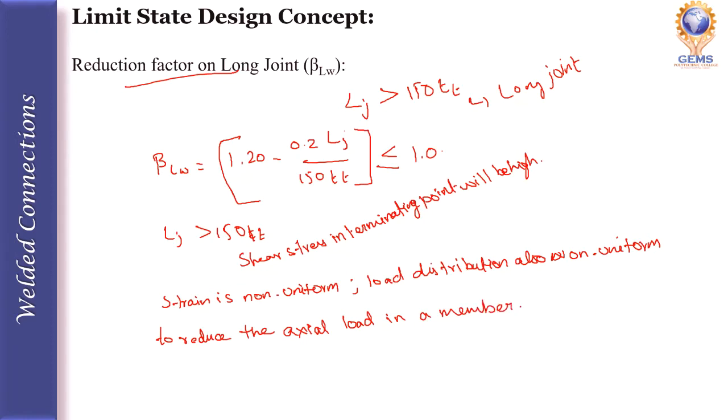If the axial load is reduced in the member, the load at the terminating point will be in the maximum load range, so that the section will be safe.